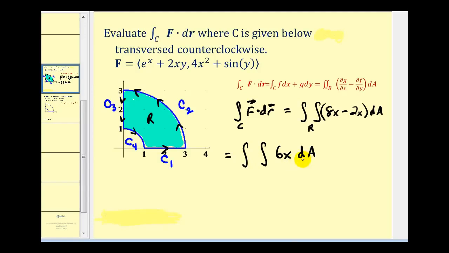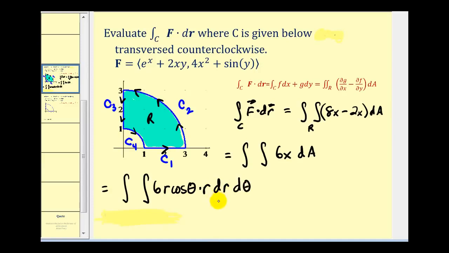Now we're going to convert dA to r dr d theta in polar form. So 6x would be 6 times r cosine theta. We have an extra factor of r and then dr d theta.